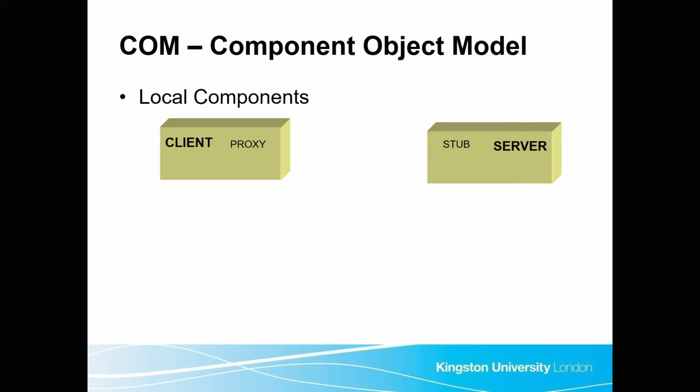Anyway, if a client wants to talk to a server, it actually talks to the proxy, which is a local representation of the server service, and the server obtains requests from the stub. And then we have a request broker, similar to an ORB in the CORBA system, which provides communication between proxy and stub.